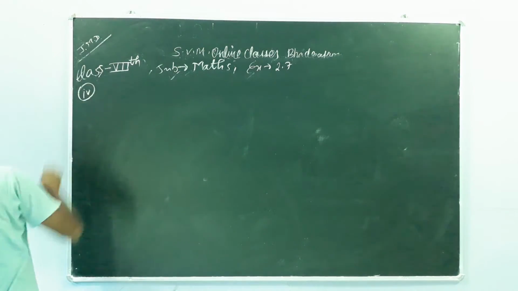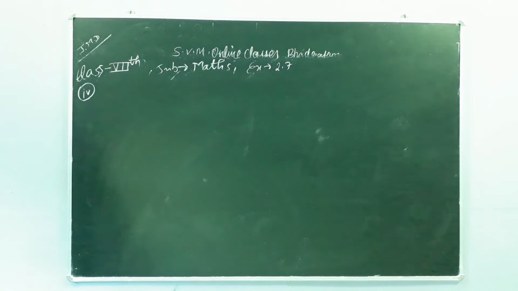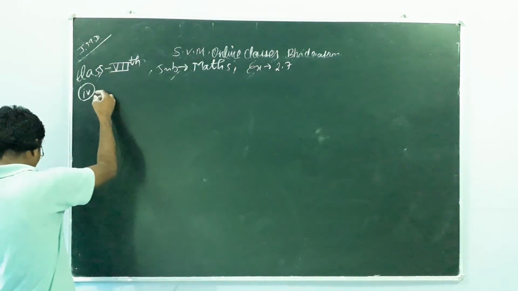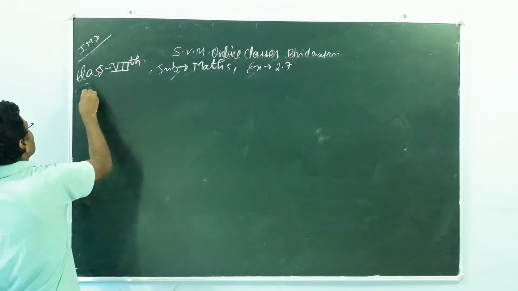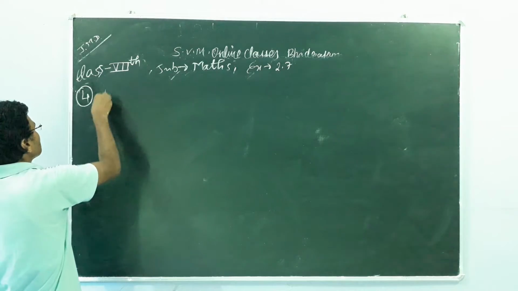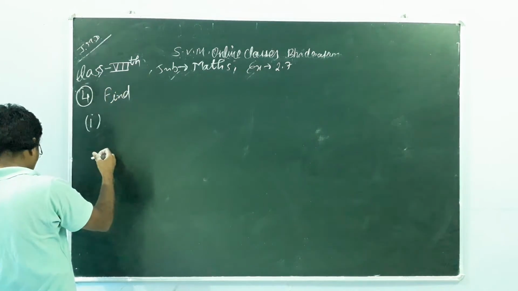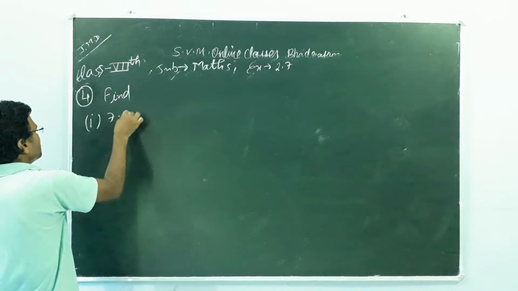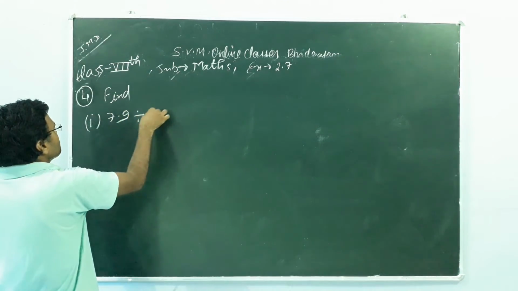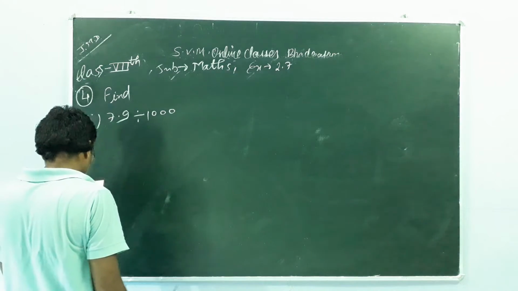Question number 4th is: find 7.9 divided by 1000. Part first is 7.9 divided by 1000.